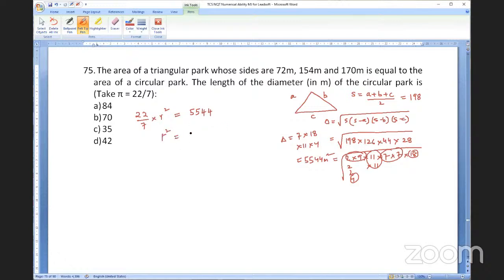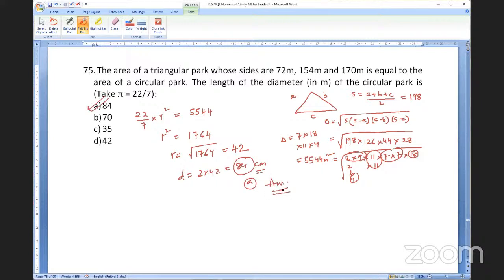So r square is 1764. r is root over 1764. 1764 is 42 square, so the radius is 42. The diameter is 2 times the radius, 2 into 42, that is 84 centimeter. Option A is the pick.